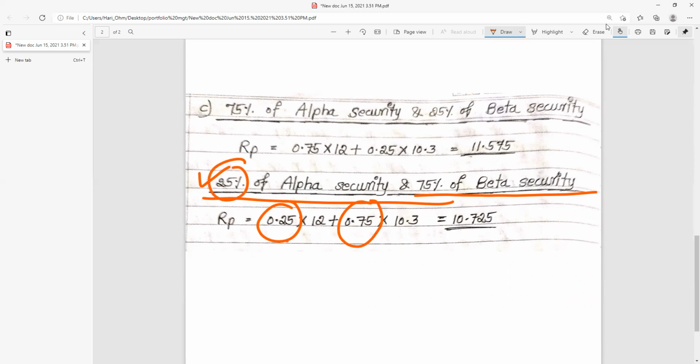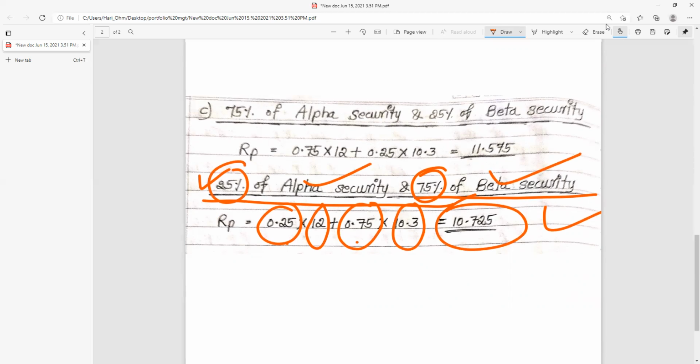And the expected returns are same, that is 12 and 10.3. Answer is 10.725. That is in the case of 25% of alpha security and 75% of beta security.